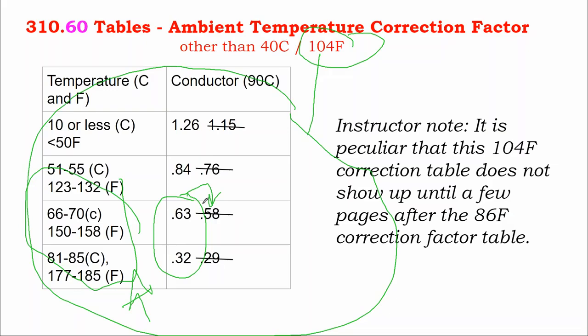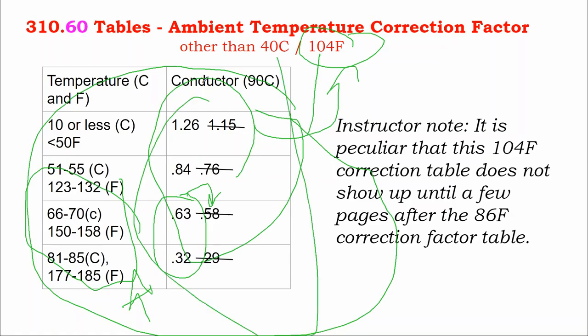Because these fudge factors were calculated based off a higher reference point, you don't have to discount as much, because you've already built an additional 20 degrees Fahrenheit into the fudge factors.